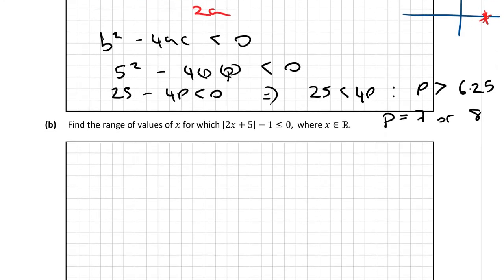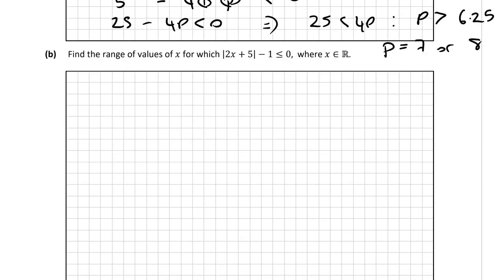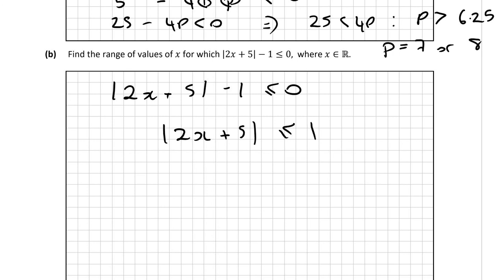Okay, the last question is a modulus inequality. Here you can see that there are no denominators or anything like that. So you're left with the modulus of 2x plus 5, minus 1, less than 0. As there are no denominators here, we can just say the modulus of 2x plus 5 is less than 1.